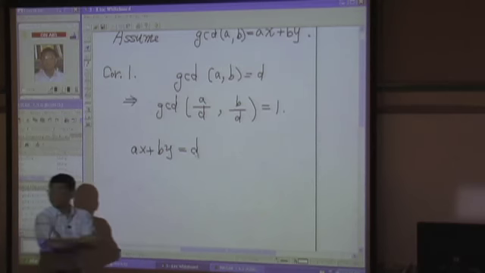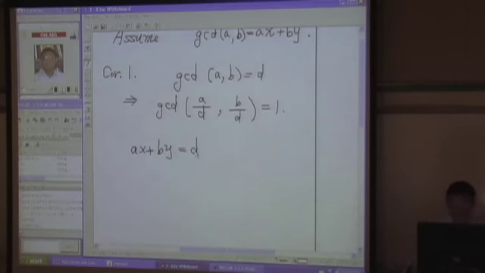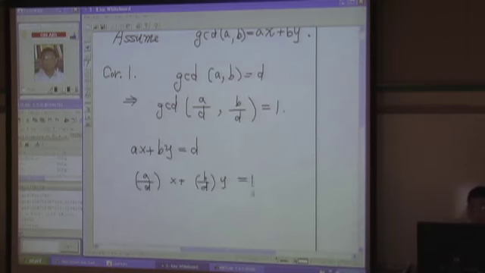Any questions? Then divide both sides by D. So if we divide both sides by D, A over D times X plus B over D times Y equals 1. In GCD language, this is what? The GCD of A over D, B over D. Done, right?